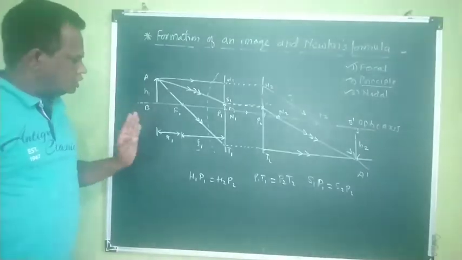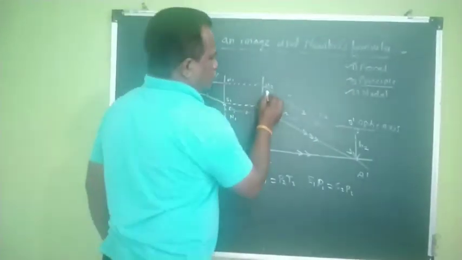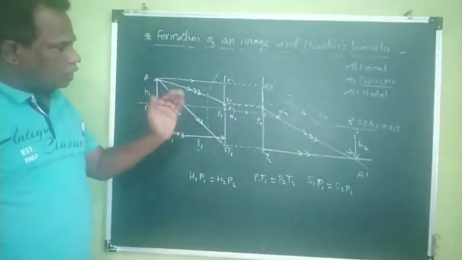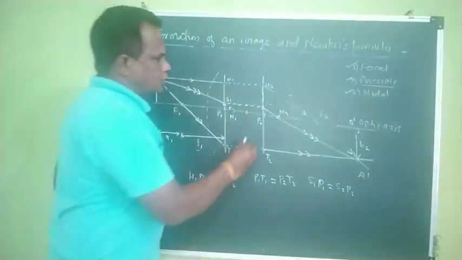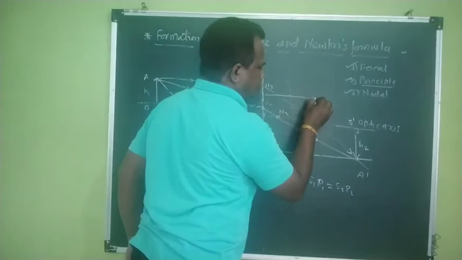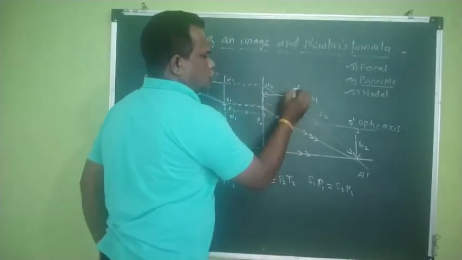So this is one side. Similarly, we can measure the focal length on the other side, from the second principal plane to the second focal point. So this is the second focal point, and this distance is called F2.